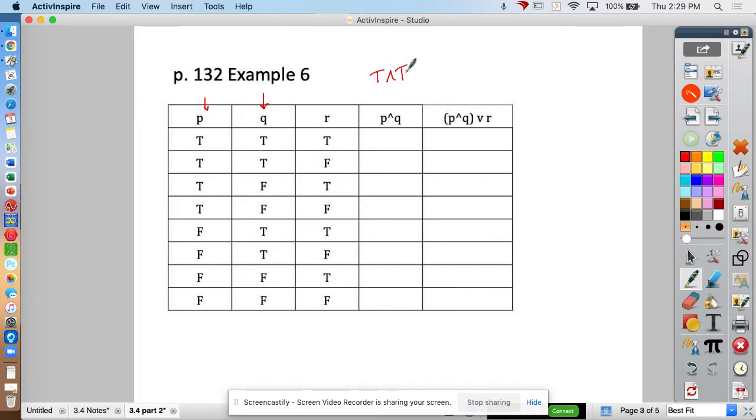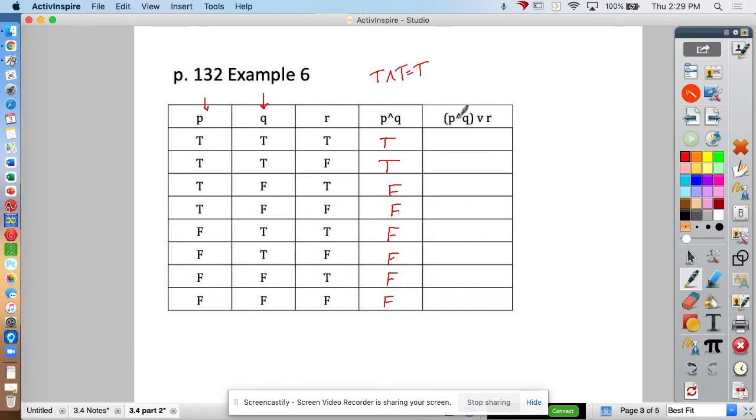True and true make true. So where did that happen? Here. True and true. No, no, no, no, no, no. So the rest of these are all false.